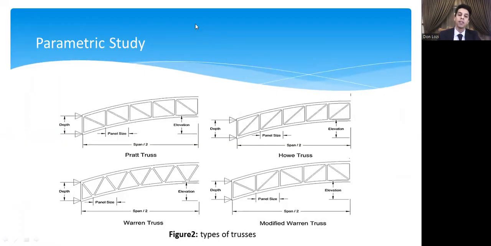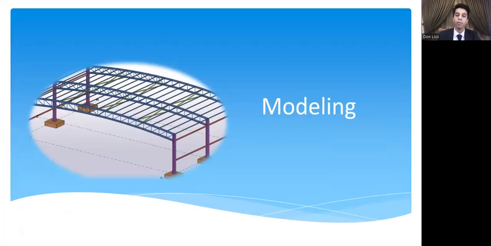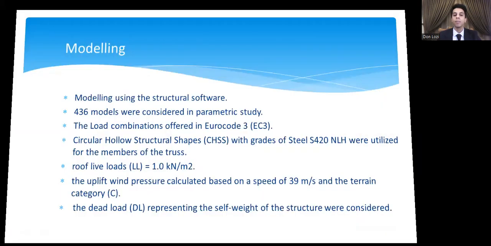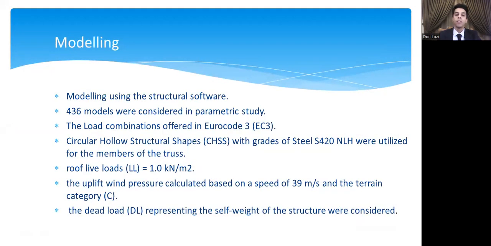In the parametric study, this is the front view of every truss, with its verticals, chords and diagonals. Modeling stage. In modeling, we use RFEM, the number of models by Eurocode, and the shape of the cross-sectional area.